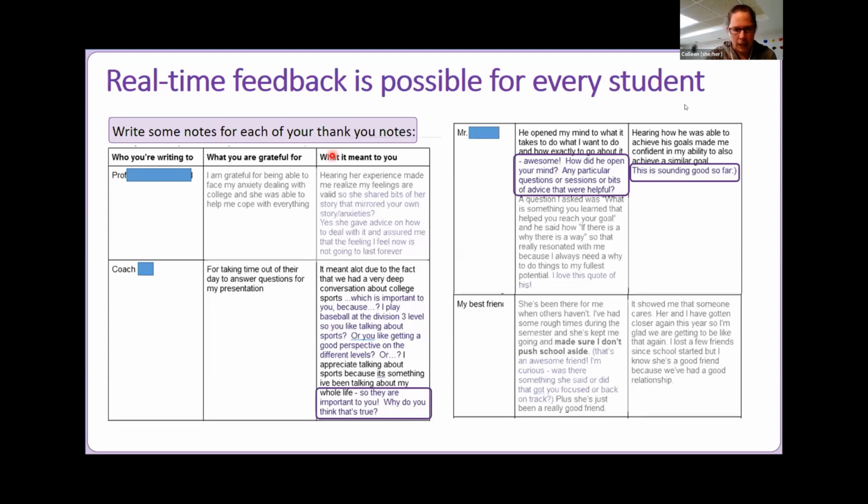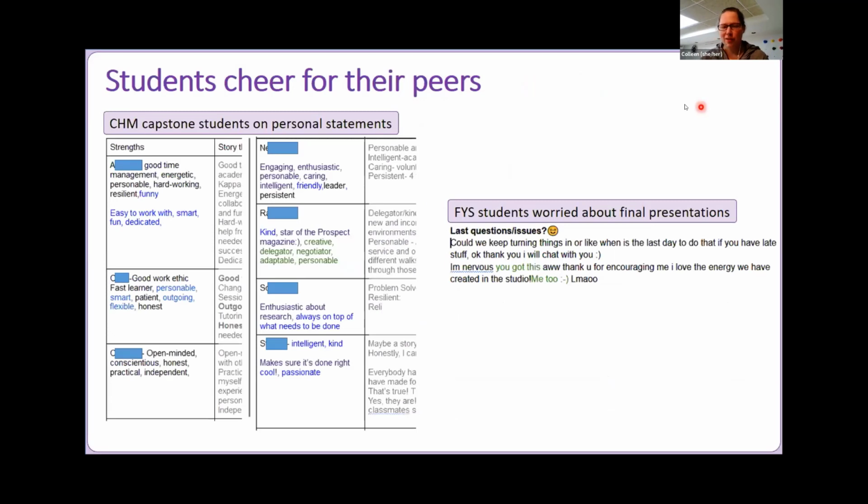Okay, and then finally, the opportunity for the students to be nice to each other. It was sort of unexpectedly heartwarming. Here on the left, I did an activity with our chemistry capstone students. They're writing personal statements, and so the task was for them to think about a couple of things that they are good at. And so you can see that they wrote in black.